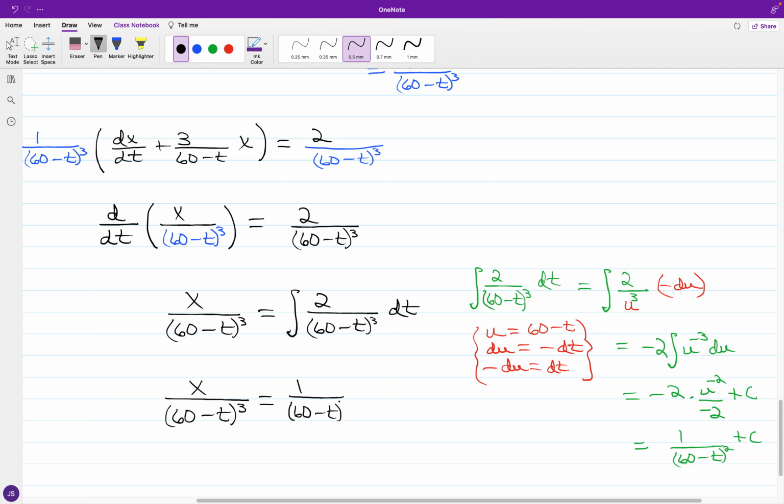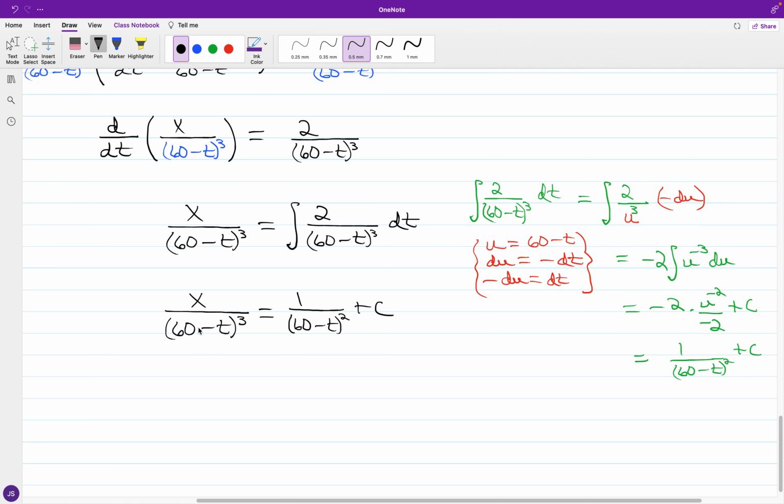Multiplying by the cube of 60 minus t, we have x is equal to 1 over the square of 60 minus t, plus the constant, times the cube of 60 minus t.